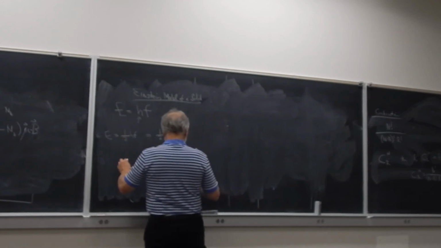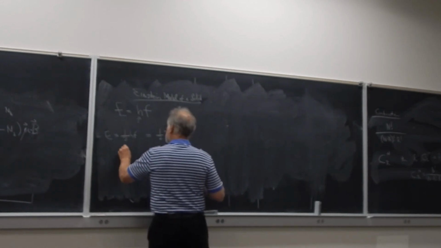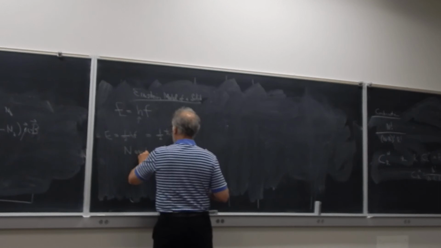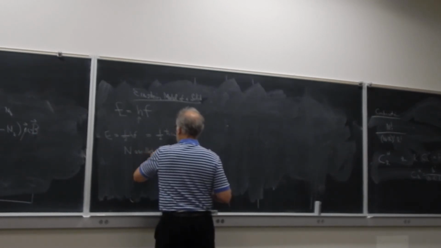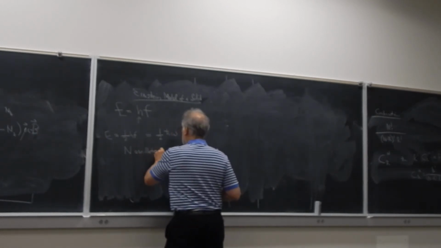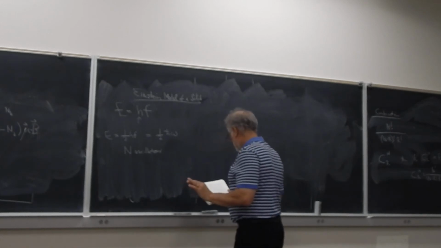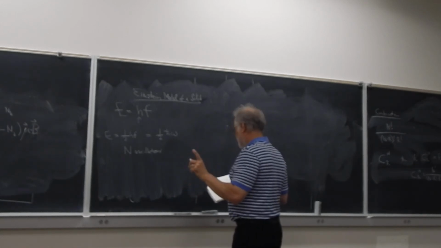What Einstein found is that if I have N oscillators, so that is to say I have N over 3 atoms oscillating in 3 dimensions, each dimension is its own oscillator.